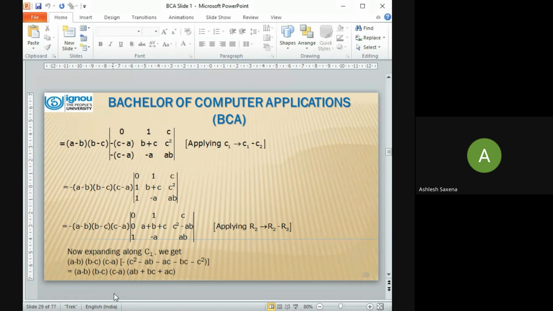Here you can see that there are two 1s. Subtract it, reduce it. This time it is in a row; earlier it was in a column. Now it is in a row. Subtract it. After subtracting, open it.